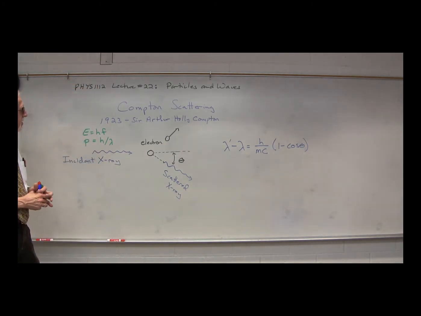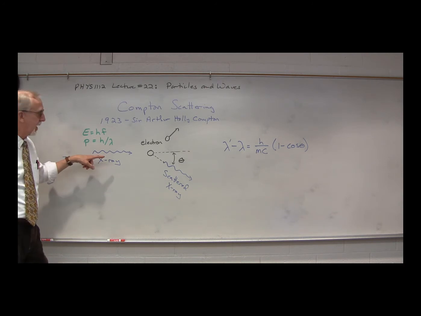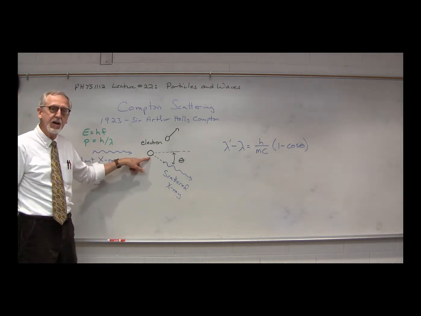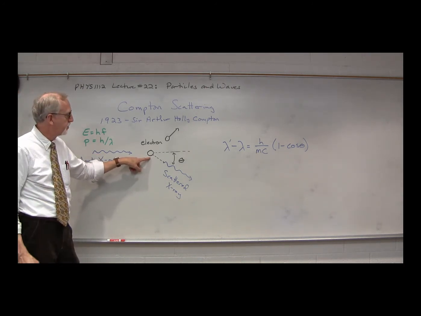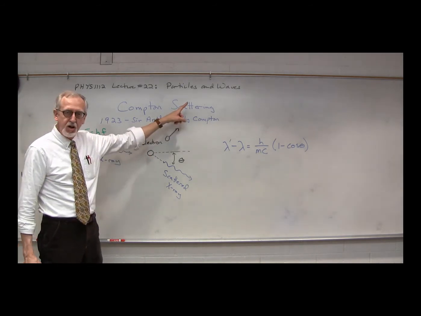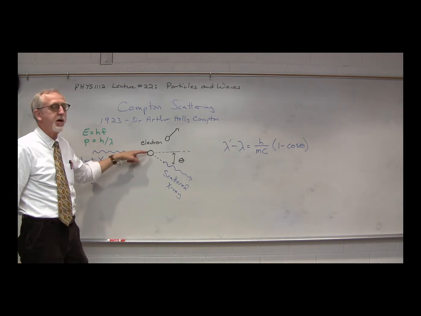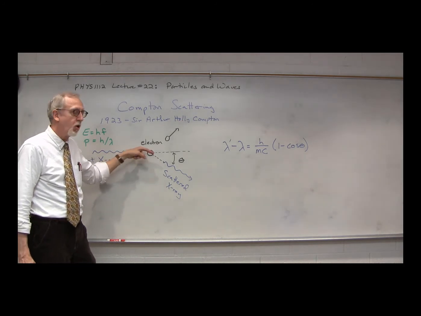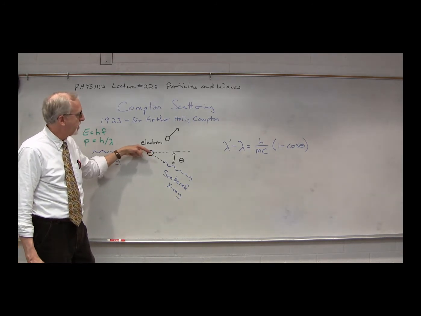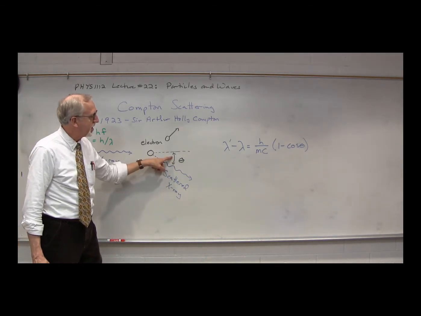What he noticed was that when an incident X-ray came in and struck a stationary electron, that electron was knocked off in one direction, and a scattered X-ray, kind of like the X-ray being absorbed and then partially re-emitted by the electron, went off at some angle theta.